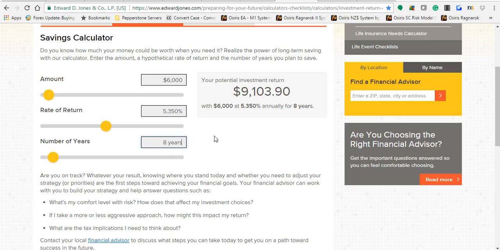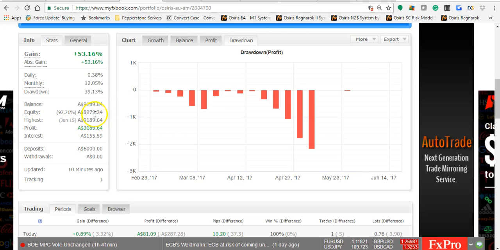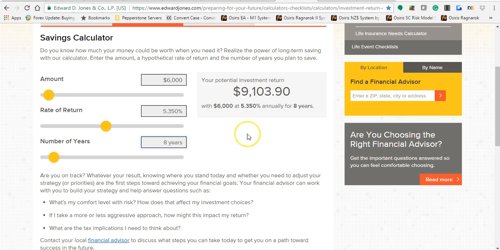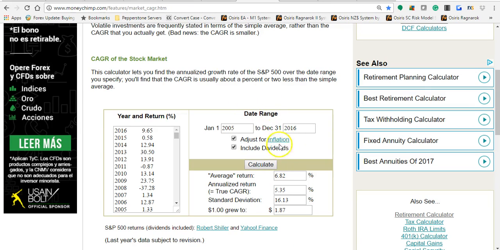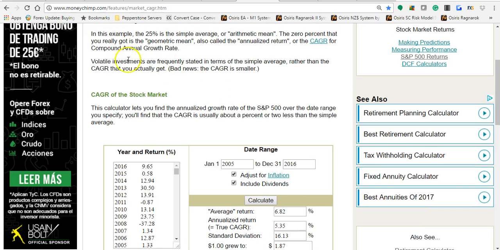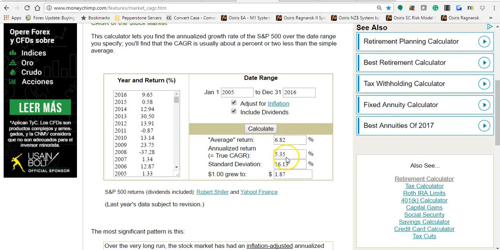No, 8 years. Let's check one more time, $8,979, so it's pretty close. It will take you more or less 8 years if you find a bank willing to give you 5.35% per year in savings.